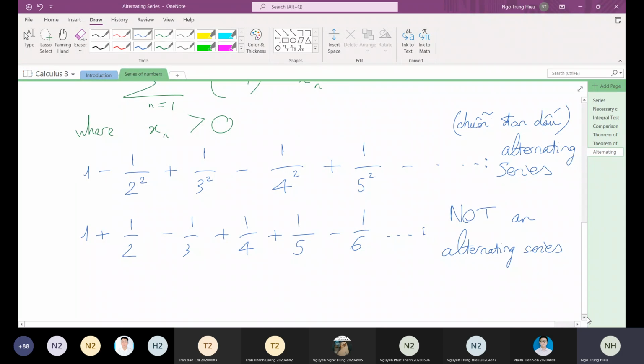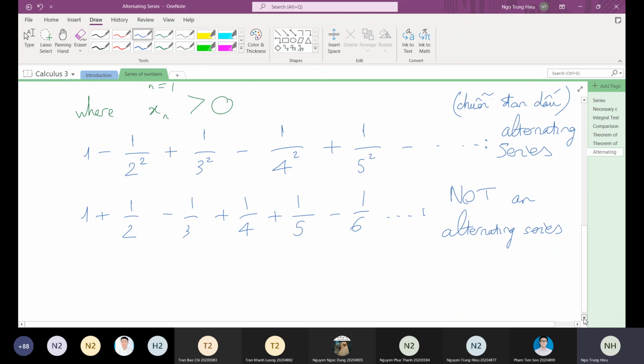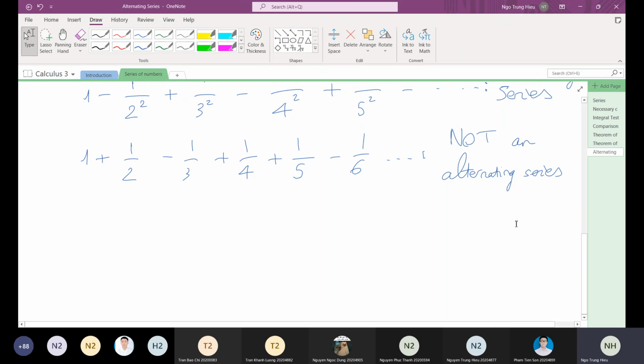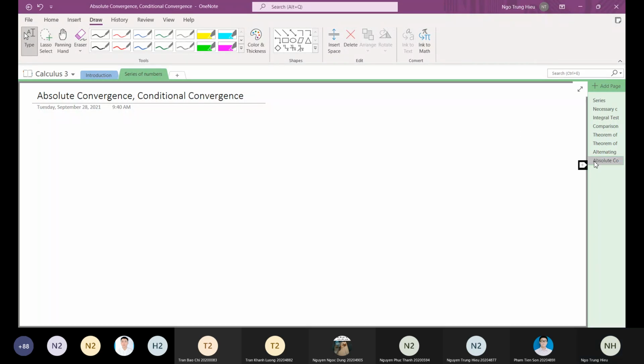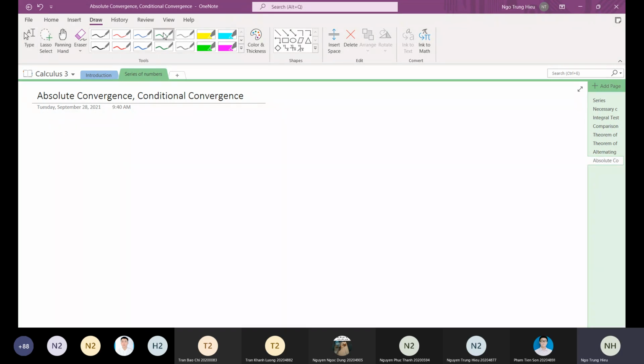All right, so we have defined alternating series, right? And next, let us make a definition for absolute convergence and conditional convergence. All right, so now we consider an arbitrary series.